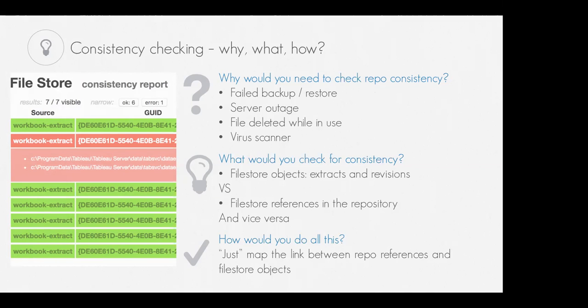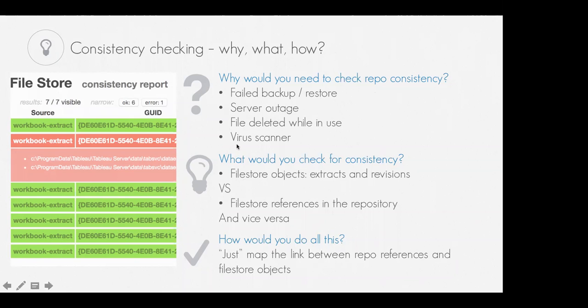It's more or less consistent, but sometimes it happens that you back up files which are created after you take the Postgres dump, or you create a file which is not in the Postgres database. You can have server outages, and Postgres and also your file system have some cache, so there might be some unwritten changes in your operating system memory which did not reach the disk before some event happened.